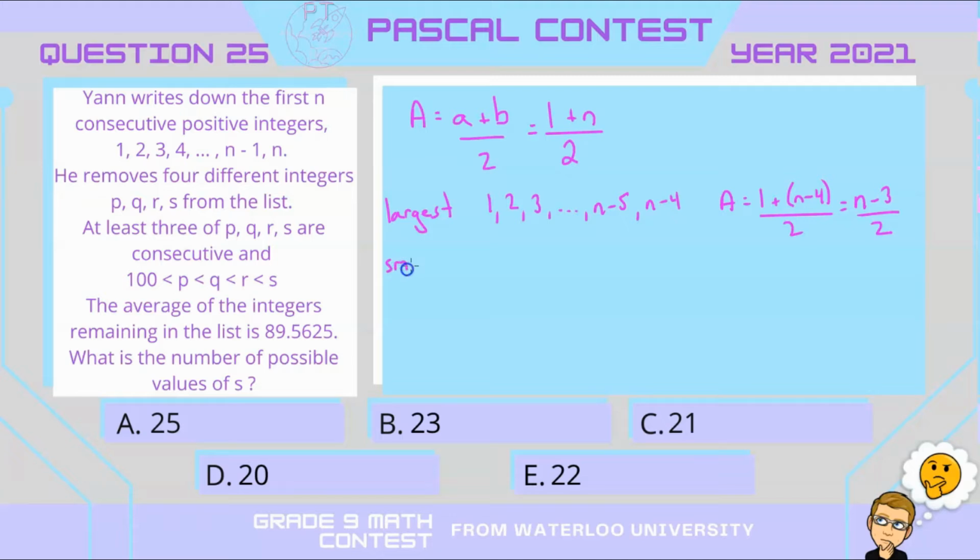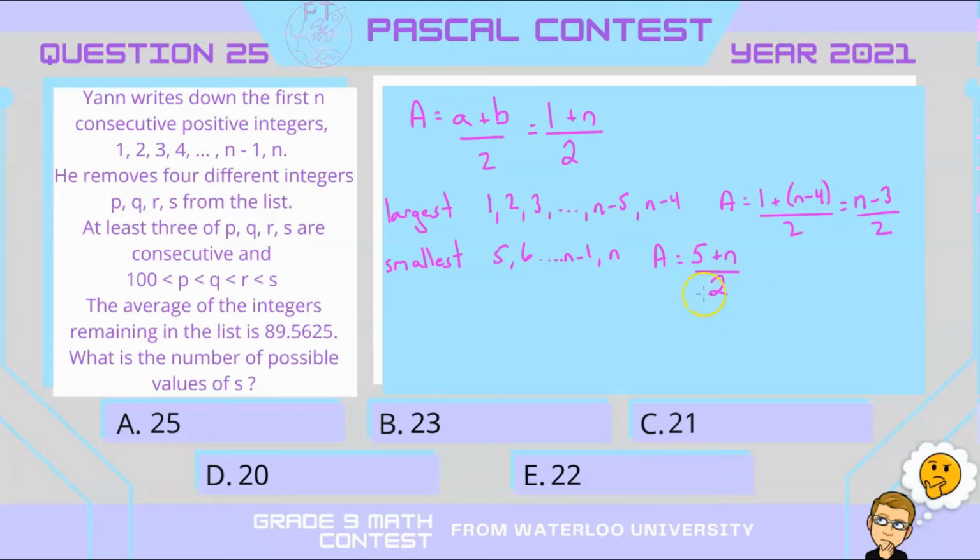However, if Jan removed the smallest integers, and even though they must be greater than 100, I'm creating a range here. So let's remove 1, 2, 3, and 4. So we're left with 5, 6, all the way up to n minus 1 and n. Its average would therefore be the first number 5 plus the last n divided by 2.